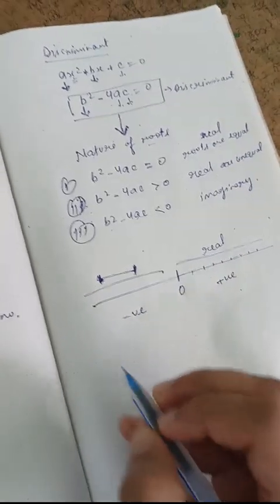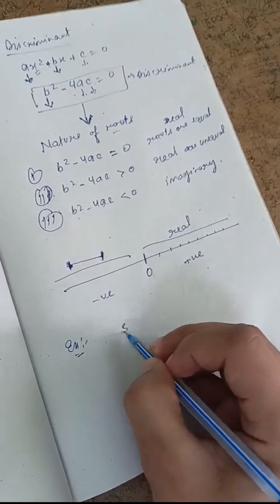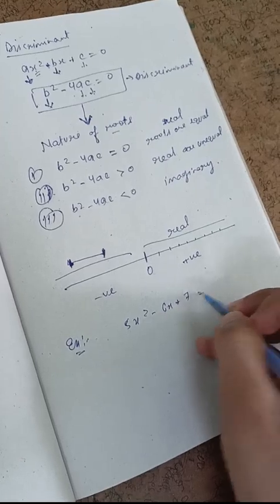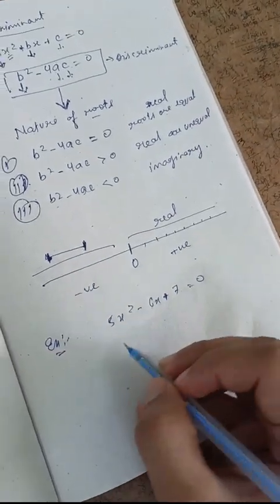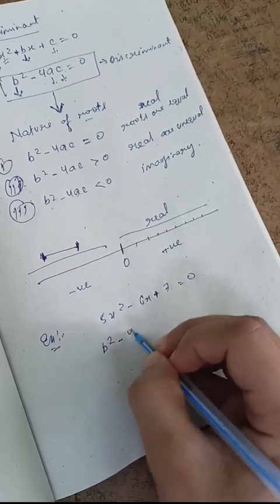Let's see by example. Suppose I give an example, 5x square minus 6x plus 7 equal to 0. Then we are going to find the discriminant of this quadratic equation. What is the formula for the discriminant? b square minus 4ac.